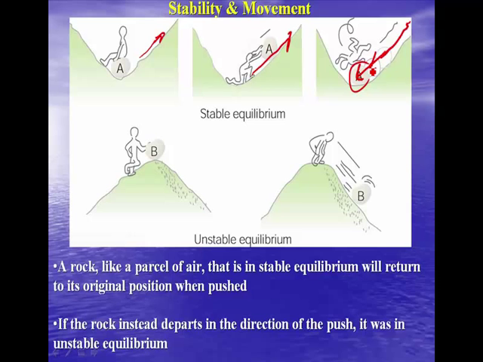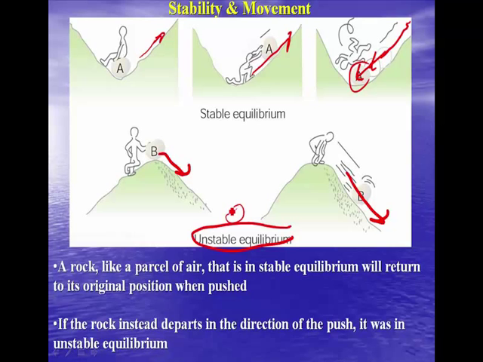In the other area, which we call unstable equilibrium, we displace the rock down the hill, and you see here it begins to move down the hill, and it does not return to the top of the hill. It goes down into the valley. This is what we call unstable. So basically we give a push to the rock, and it moves away from its original location, does not return.